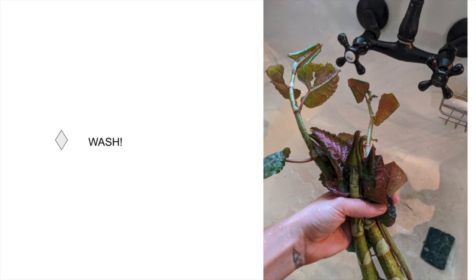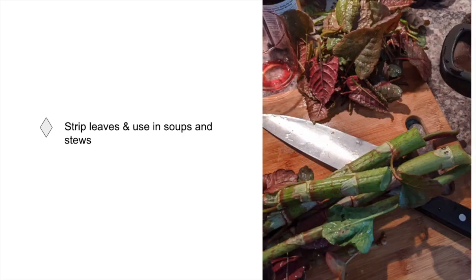But do wash your harvest, and then you're going to strip the leaves off. You can see in this picture I'm in the process of stripping the leaves off, and I have them in a pile there. What I like to do is use the leaves in soups and stews. You don't want to use a whole bunch. It's not like nettle or spinach where you could just use handfuls and as much as you want.